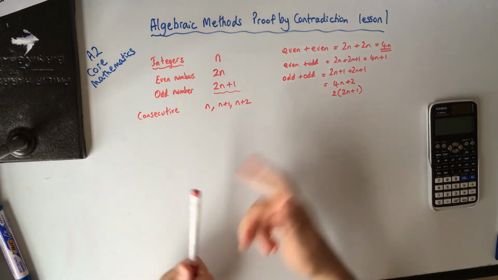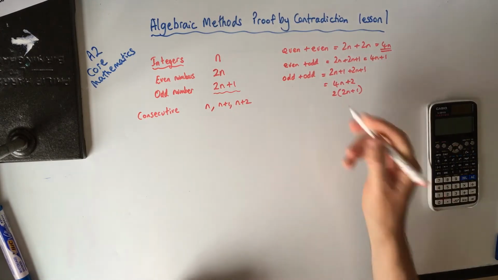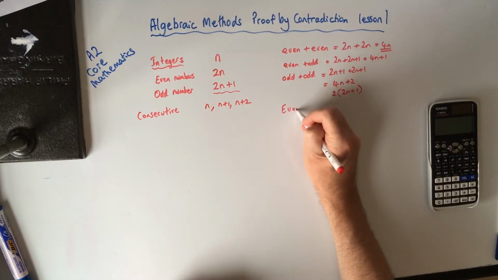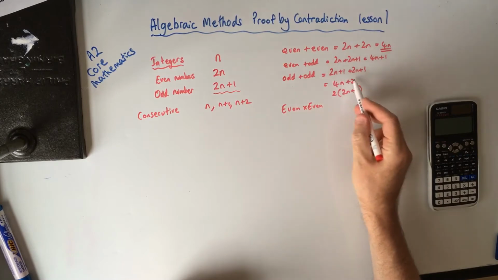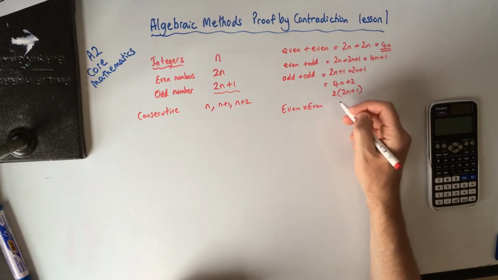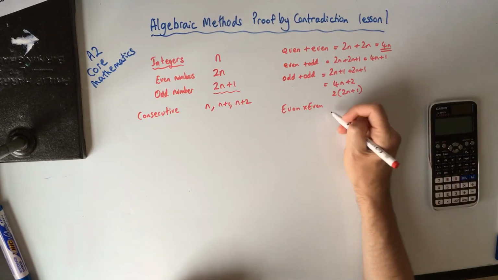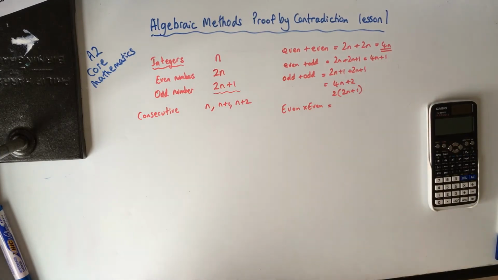And of course you can do it with times as well. Even times an even, just do that one and leave it there, and you can do the others. And odd times an odd, it's nice because you get a little quadratic that you multiply out, and you'll see that it's odd when you do that. 2n squared plus 4n plus 1 you end up with.